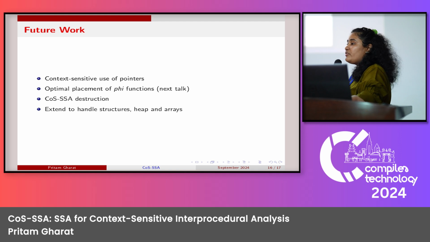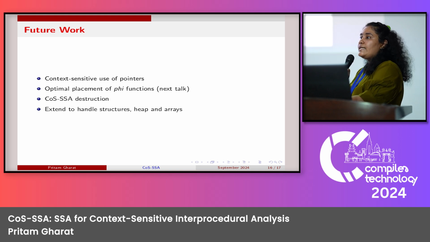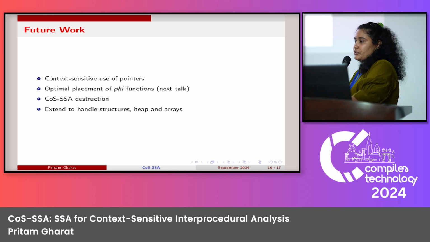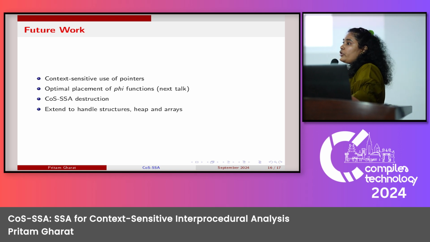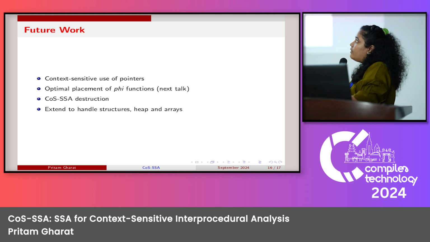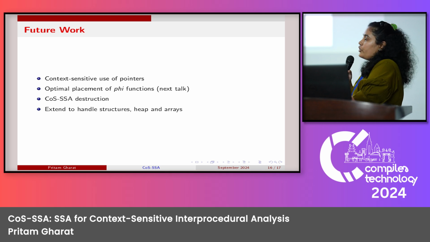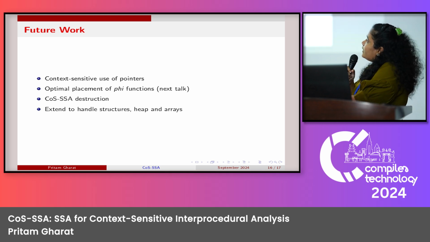If you have the source program, you first construct SSA over it, perform certain machine-independent optimizations, and then the compiler destructs that SSA for machine code generation. That's there for classical SSA in modern compilers, but we are yet to define CoS-SSA destruction for our SSA form, and maybe extend our current CoS-SSA to handle structures, heap, and arrays as well.